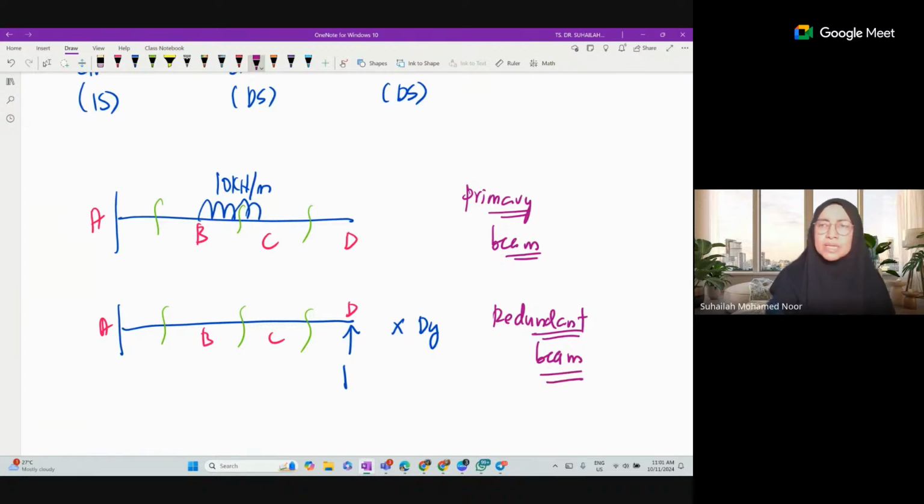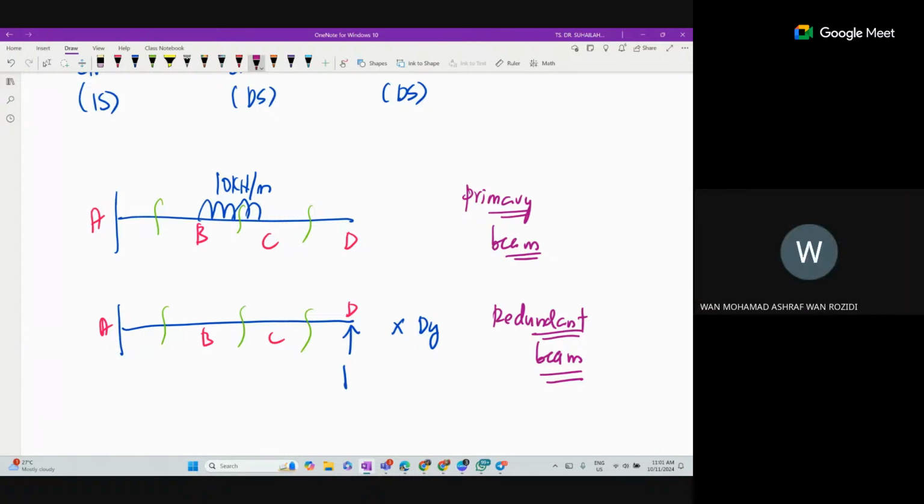what do you see from these two diagrams? Is it similar with something that you have learned, the characteristic? Is it similar with the previous topic in determinate structure? Yes.